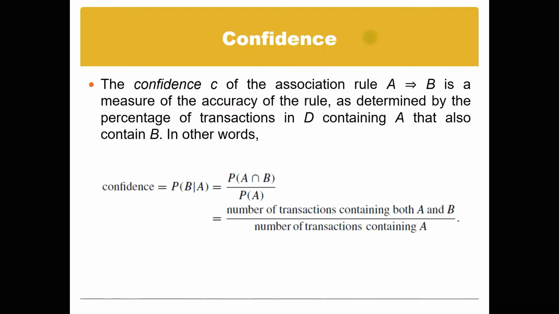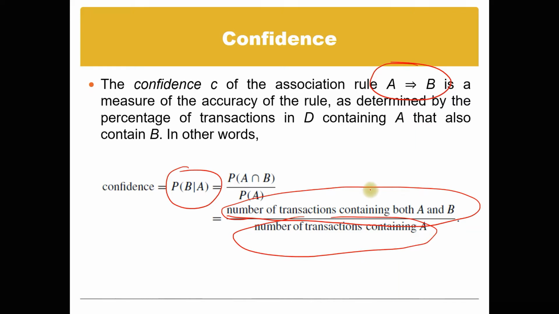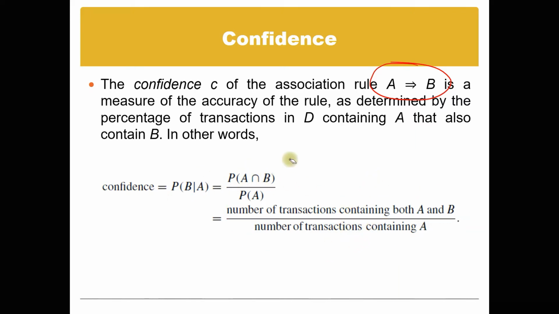The confidence is what? If you are looking at the rule of A then B, the confidence is the probability of B given A. That is the number of transactions containing both A and B out of the total number of transactions containing only the antecedent.